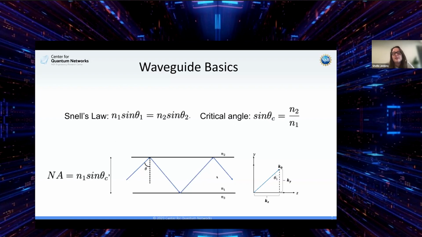For this critical angle, 100% of the light will be reflected. So if you can input your light into this waveguide at that critical angle, it will continue to reflect off the sides and propagate along the waveguide. That's how we can manipulate the path and redirect it where we want to go using these waveguides. That's why they're called waveguides.